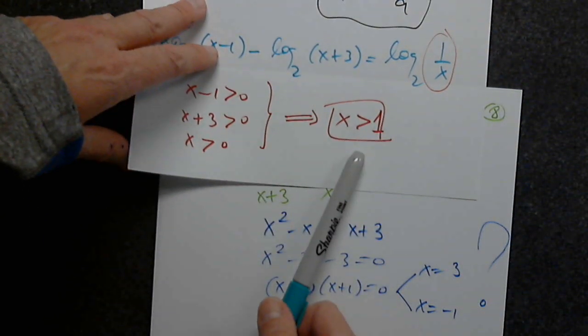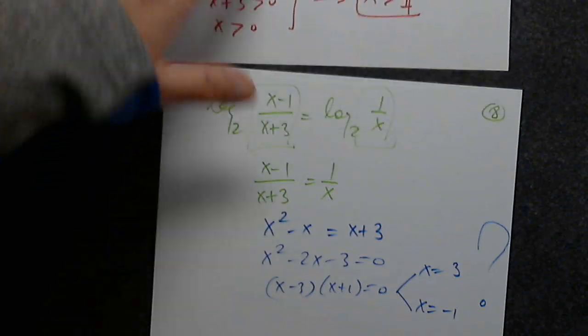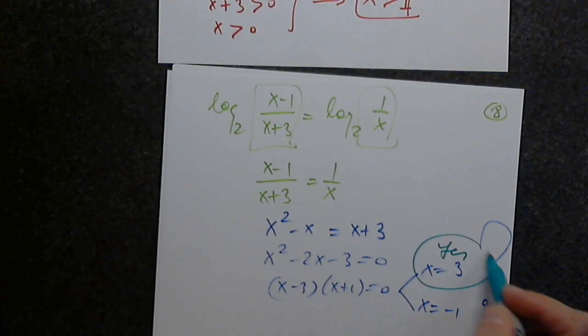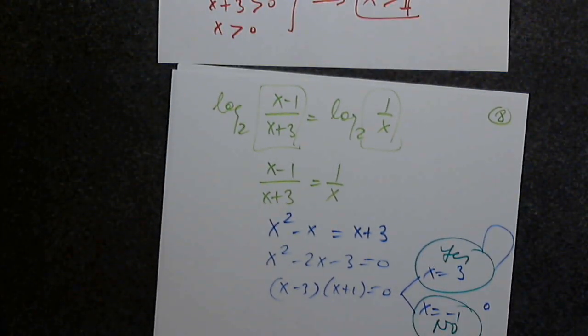This does not belong there, but this one does. So to this one I will say yes, and to this one I will say no. If I don't do this, then I have to go back and check in the original problem. Whichever method you prefer, I'm fine with both. But you have to choose one.